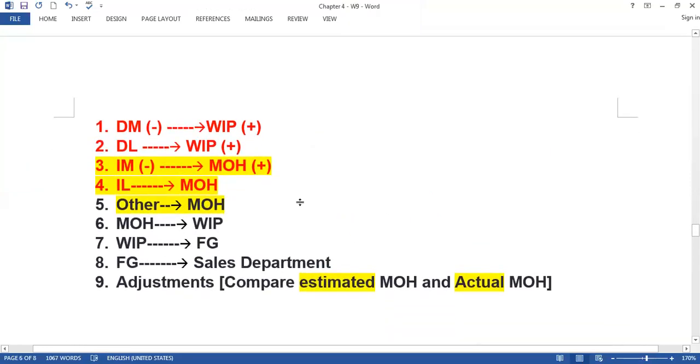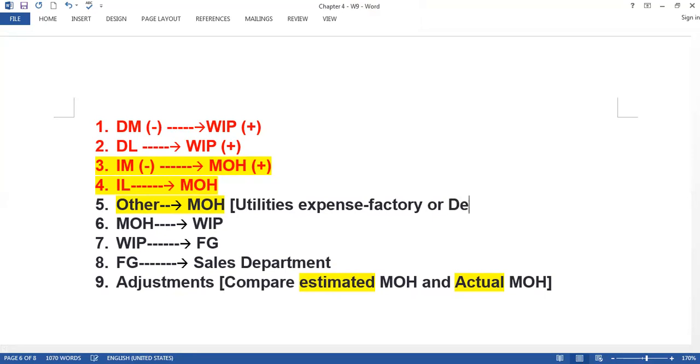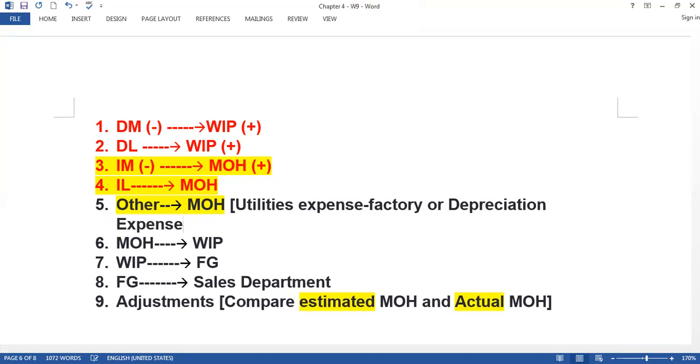Who are the others? I told you that. Others may be utilities expense, factory. It should be related with the factory. Or you know that depreciation expense, we may have for factory building, factory equipment, or we may have office building, right?